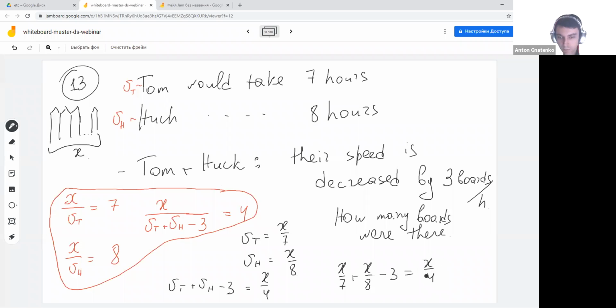It's a linear equation: you need to add all the fractions, and in the end you obtain the answer X equals 168. If you want me to do the whole calculation, please let me know through the question and answer section.